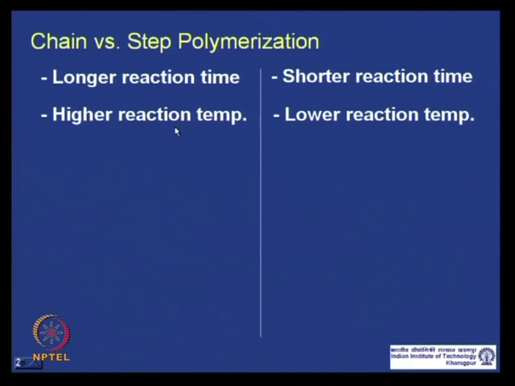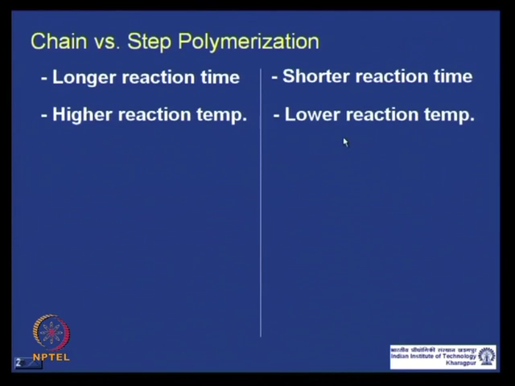Now, high temperature is not only to increase the reactivities or the equilibrium constant of the reaction, but also if somebody wants to remove the byproduct, for example water from polyester formation, to take out the water you have to increase the temperature and put a high vacuum, so that you can take out the water from the system, which will shift the equilibrium towards the product side, towards the right hand side, which will lead to formation of polymer molecules.